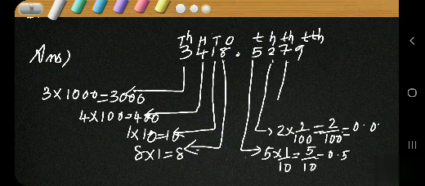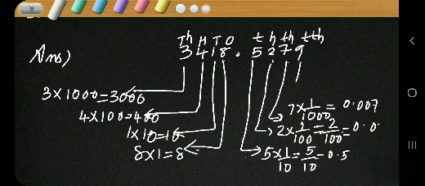Now we have 7. 7 is in which place? 7 is in the thousandths place, means 7 into 1 by 1000, is equal to 7 by 1000. Please write it. I have no space, that's why I am not writing. 7 by 1000 means 0.007. And 9 is in the ten-thousandths place. 9 into 1 by 10,000 means 9 by 10,000.